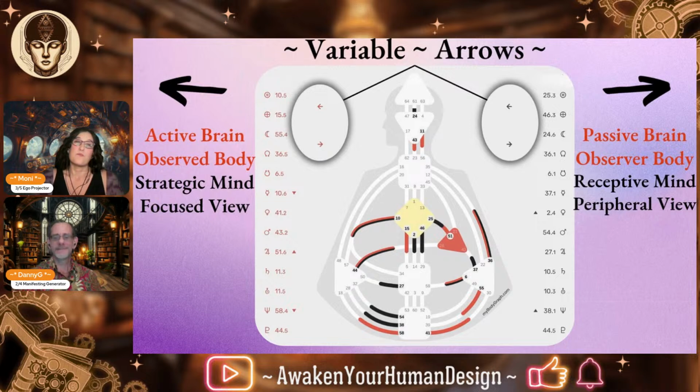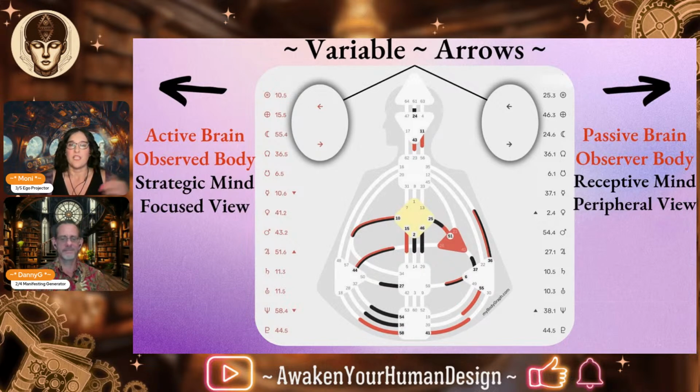So, jump on. A brief little explanation on the arrows that you can see in the chart. These are called variables, or I'll call them the arrows as well. Again, we have a future deep dive on it, but as a brief explanation, you can see either a left arrow or a right arrow. Depending on where it is, on the left top or bottom or the right top or bottom, determines the expression.